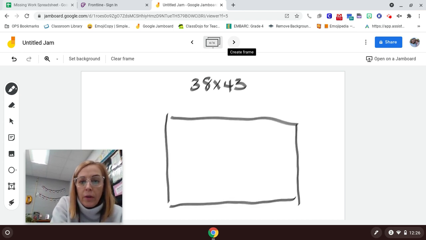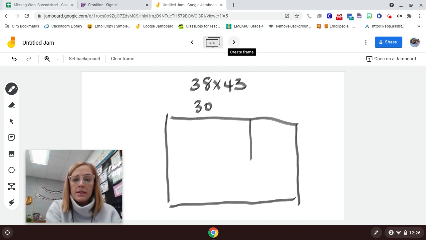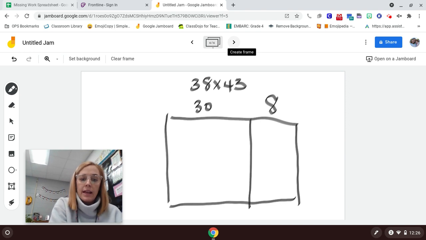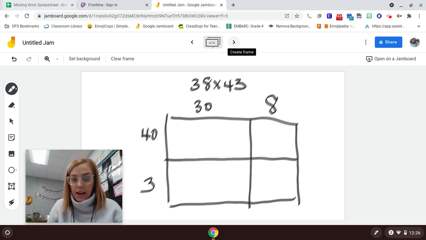You can do the 8 first and then 30, and the 3 first and then the 40. I kind of just like to keep it in order. So I'm going to say 30 plus 8 and 40 plus 3.